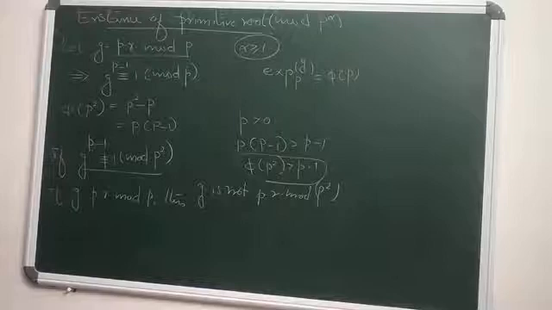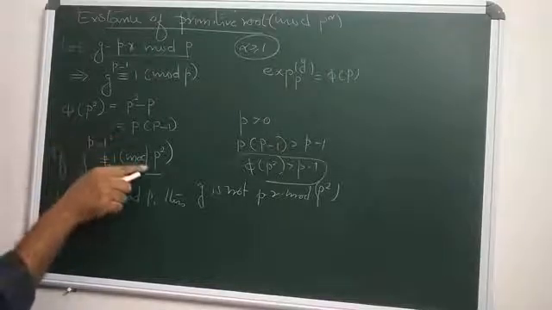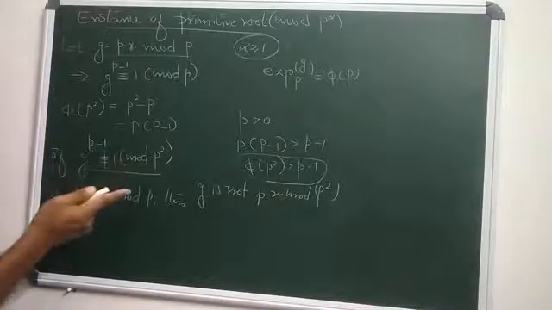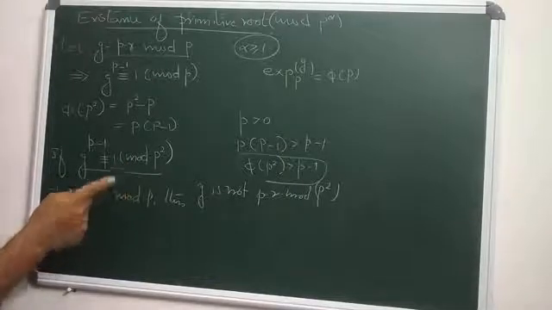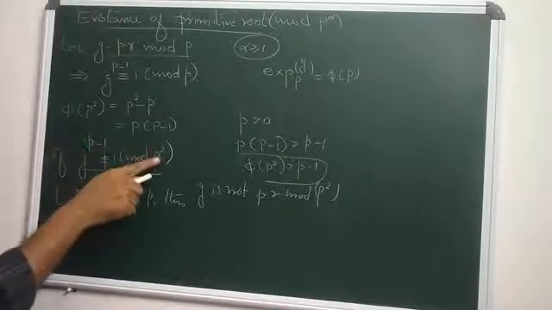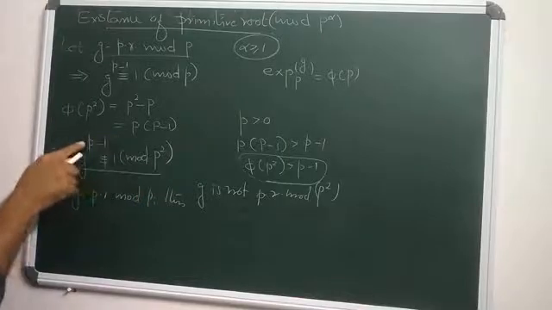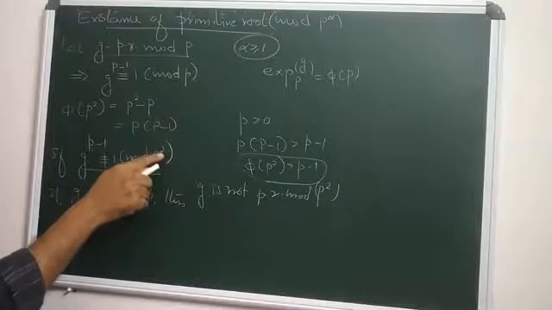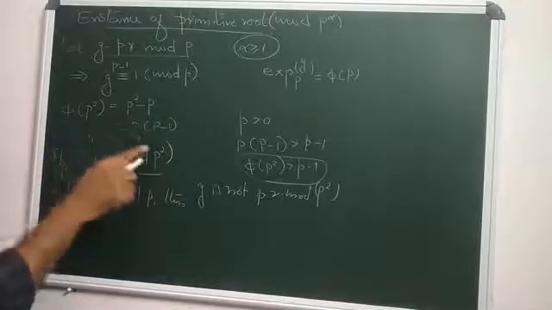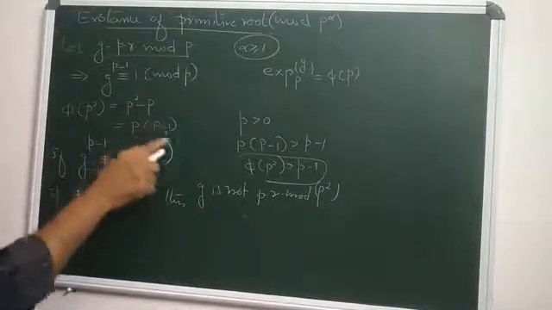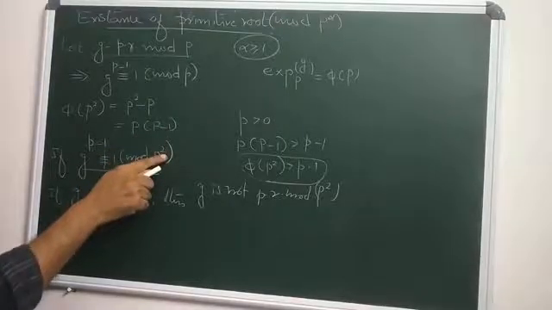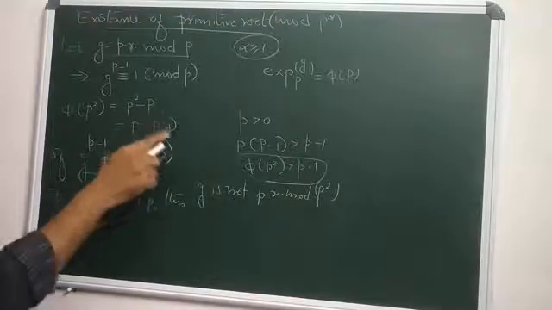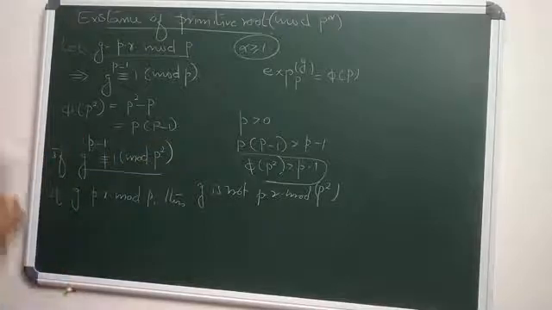If g to the power p minus 1 is congruent to 1 mod p square, g is not a primitive root mod p square. Why? Because it becomes a primitive root only when the exponent equals phi of the modulus. But we know that phi of p square is strictly greater than this exponent. So g to the power p minus 1 is incongruent to 1 mod p square here.